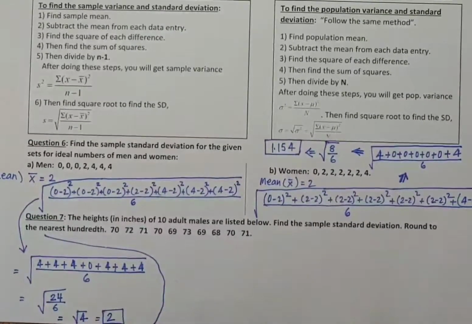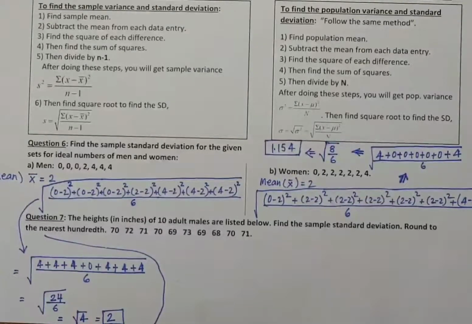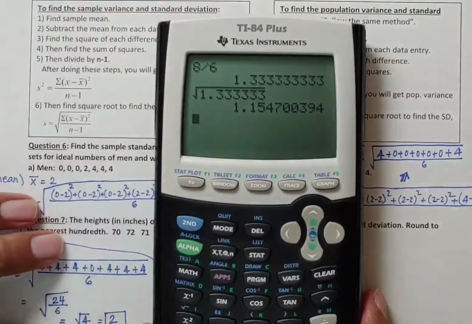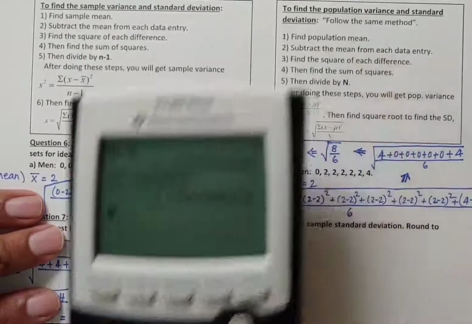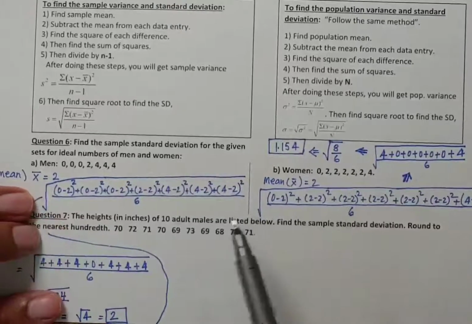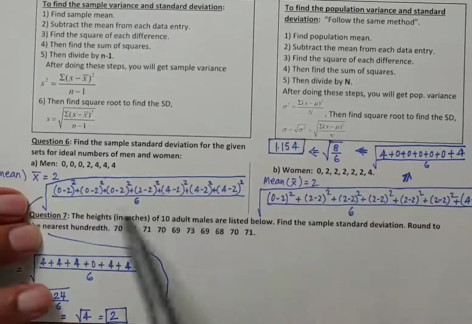I will put another video maybe after a few days explaining how we can get the standard deviation by using a graphing calculator. If you have a graphing calculator, like this TI-84 Plus, we can find the standard deviation with fewer steps than these.